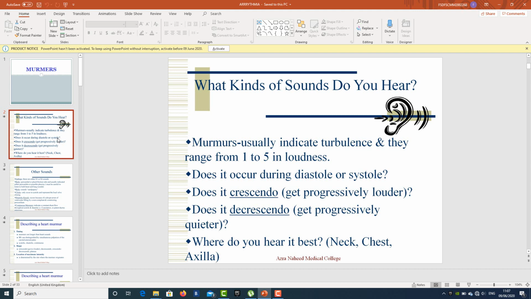Whether it is crescendo, that is getting progressively louder, and does it decrescendo, like it gets progressively less noisy or a bit quieter, and where do you hear it best? Location of the murmur, where you can hear it best, either in the neck or chest or in the axilla.